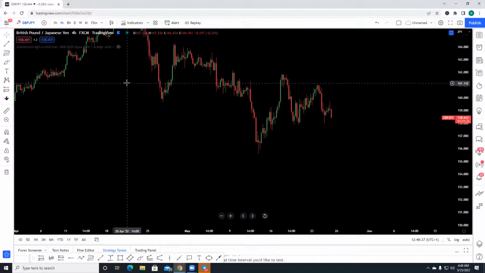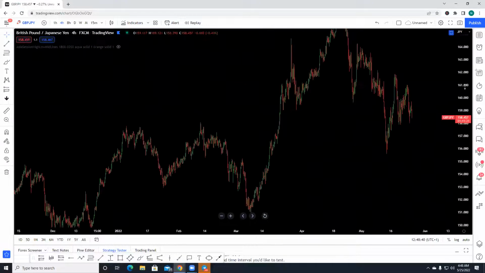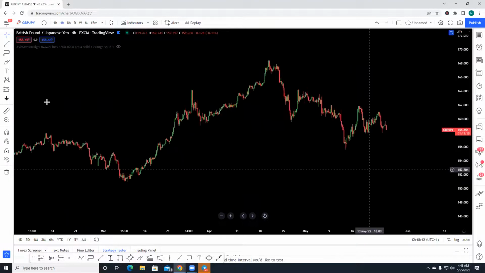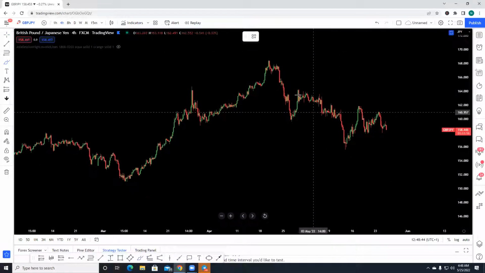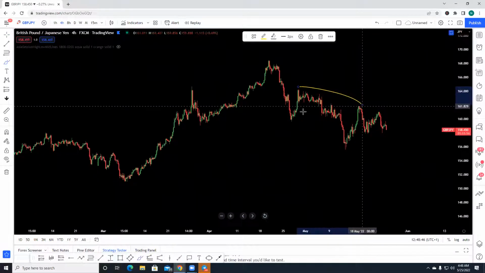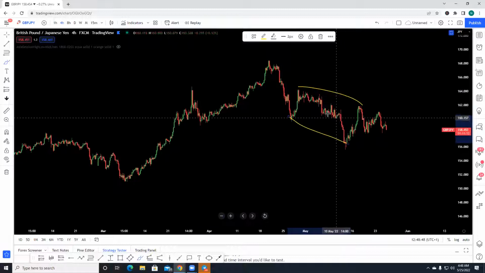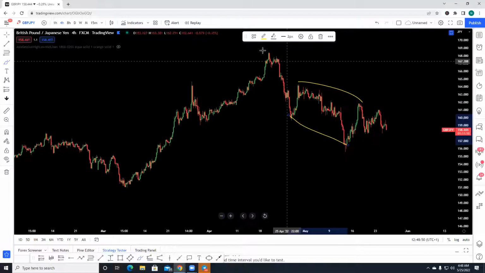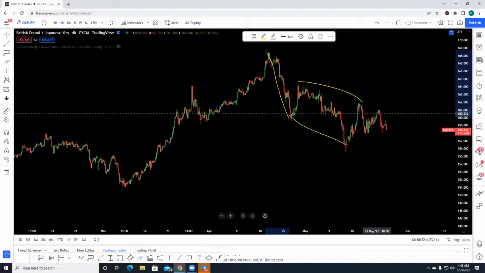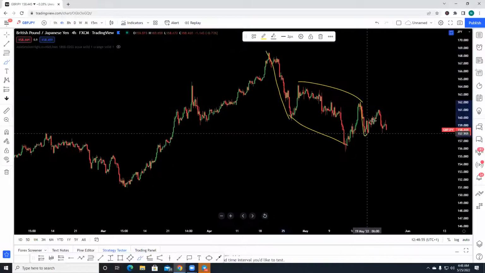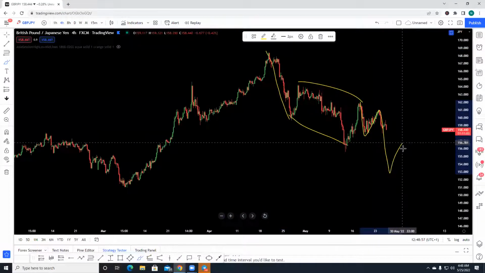Okay, so the structure I am thinking will happen, there are two structures. Number one, what do you see here, guys? I've always been seeing a running flat since we started this class. This is a move to the downside. This is a running flat in the middle. You may have 1, 2, 3, 4, and 5.